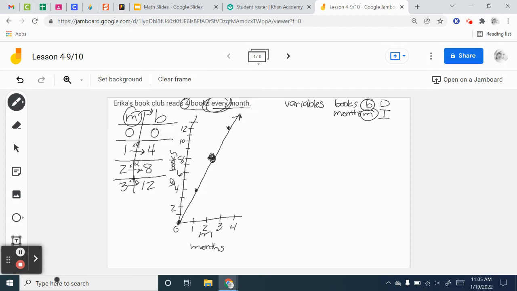So every means I'm multiplying 4 times every month. So I'm multiplying 4 times M. 4 times the number of months will give me the number of books they read. So my equation is the number of books equals 4 times the number of months that they're in the book club. So that is my equation.